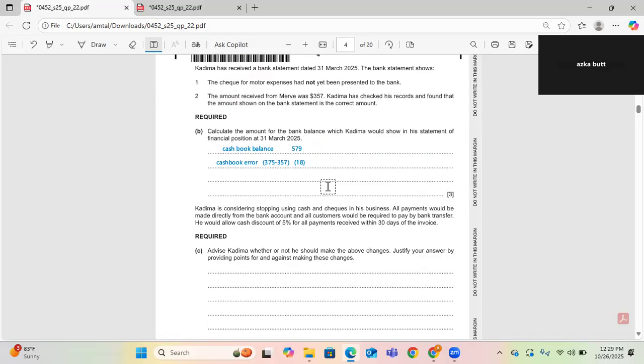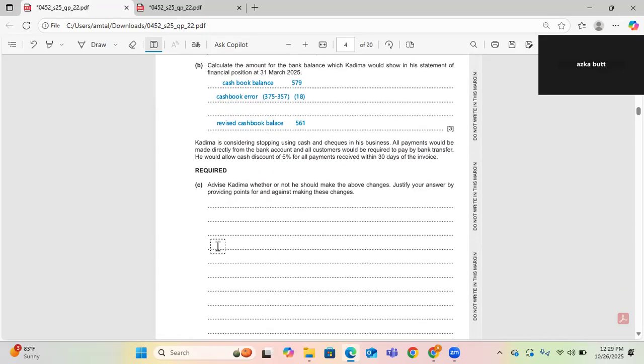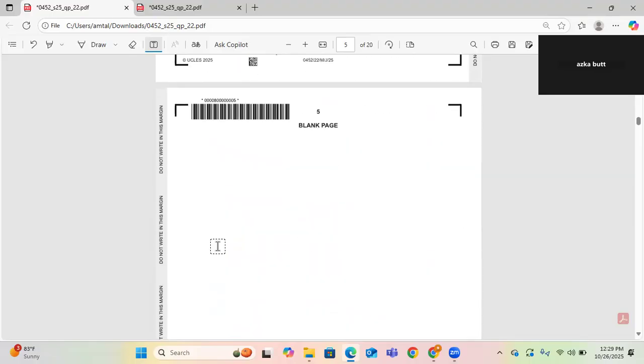So 579 minus $18. So the revised cash book balance is 561. Then we have the next question.